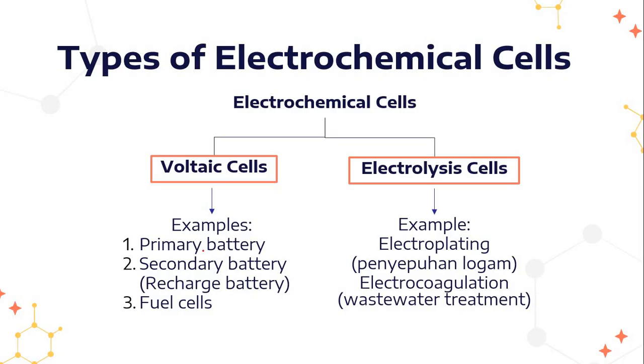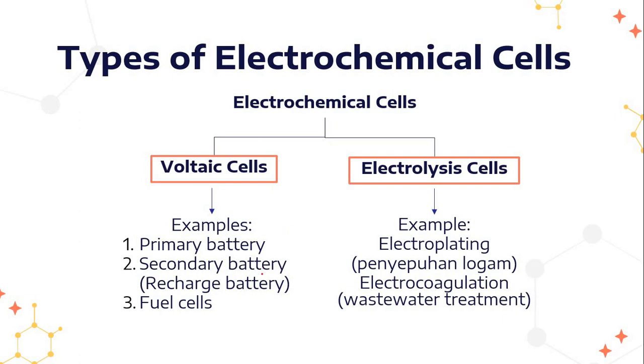A battery is divided again into two types, namely the primary battery, which is the battery that we usually use, for example, in a flashlight or a remote.